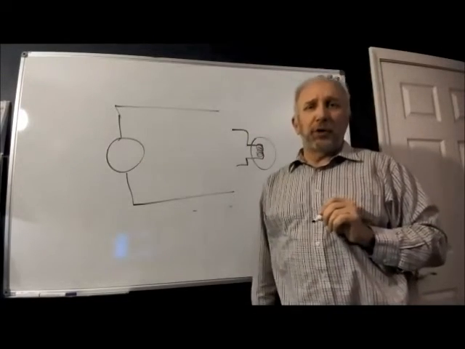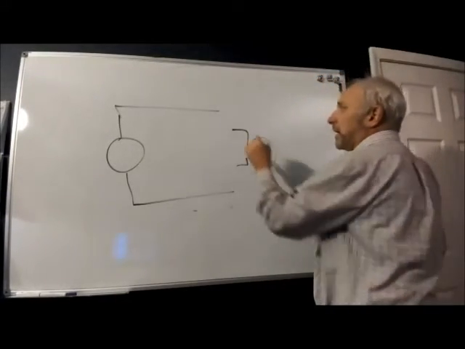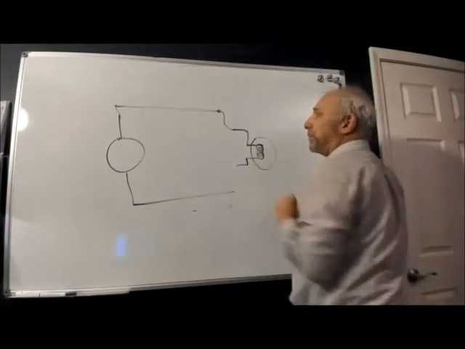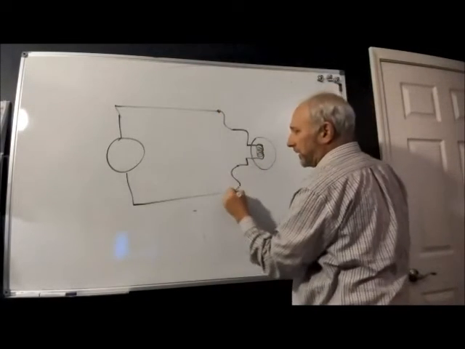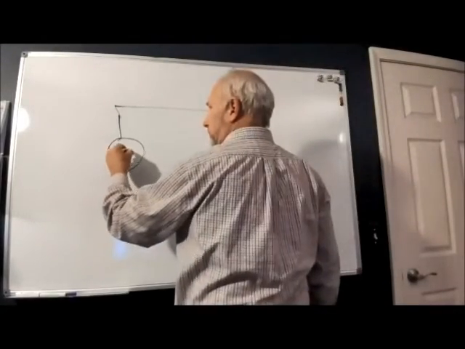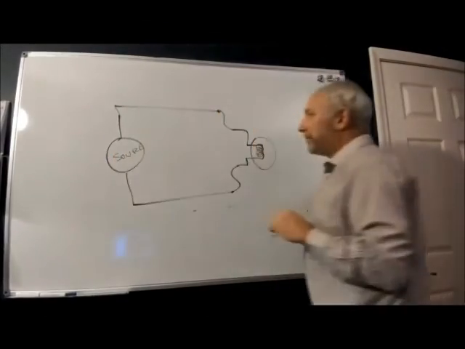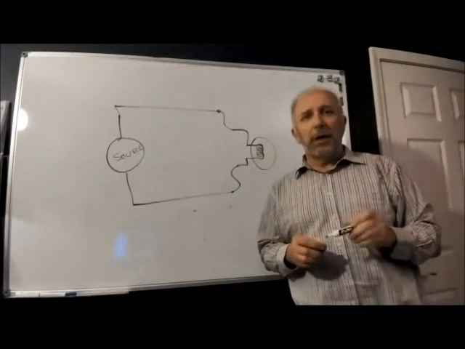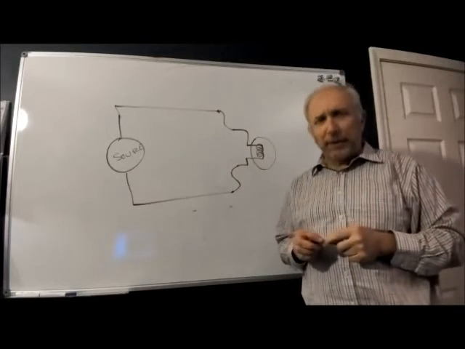Many of you have been through circuit theory classes before. We would generally connect the light bulb, let's say, to here, and connect the light bulb to here. If this is a source, and we have connected the light bulb in the following way, what would you expect to happen?